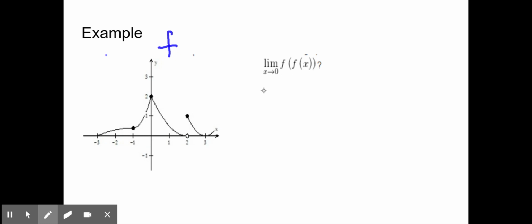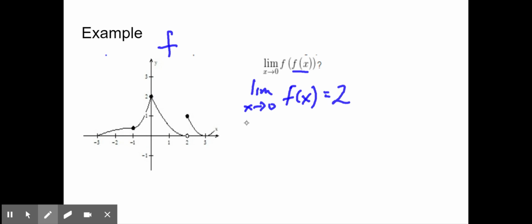All right, so the first thing you're going to do is go inside and calculate the limit as x goes to 0 of f of x. We're talking about the inner f. Okay, that's this one. So now the limit as x goes to 0 of f of x. Okay, so go to my graph of f. From the left and from the right, it goes to 2.